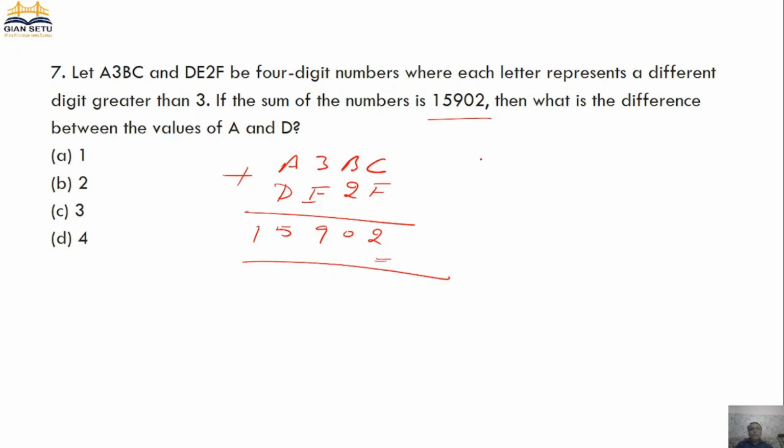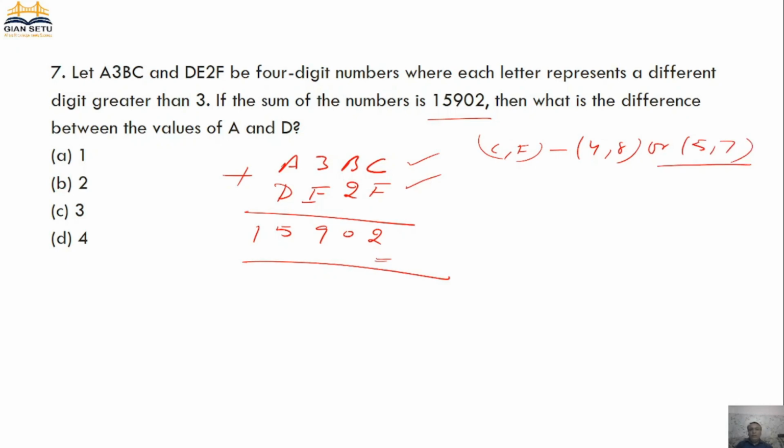That means when we add two digits C and F, we get 2 at units place. That means C and F can be either 4 and 8, or 5 and 7.